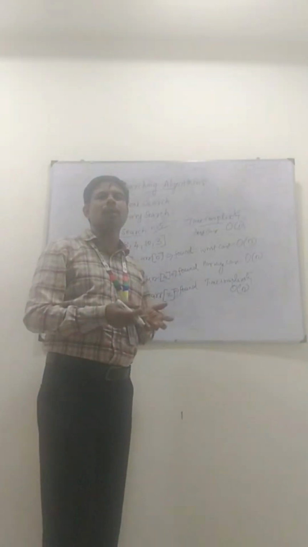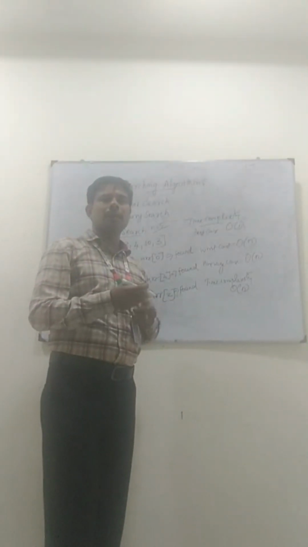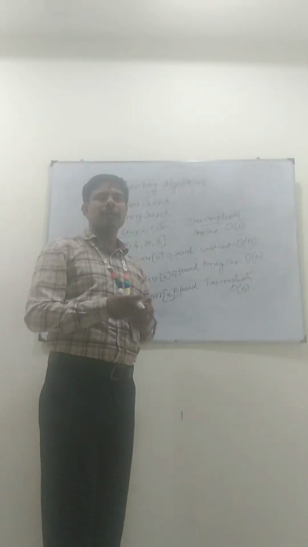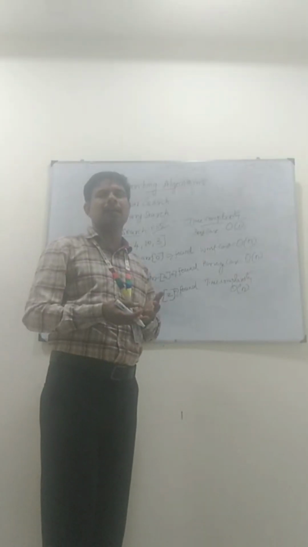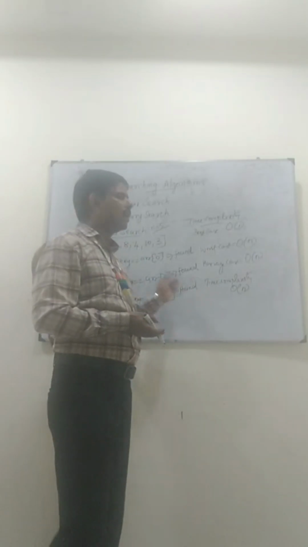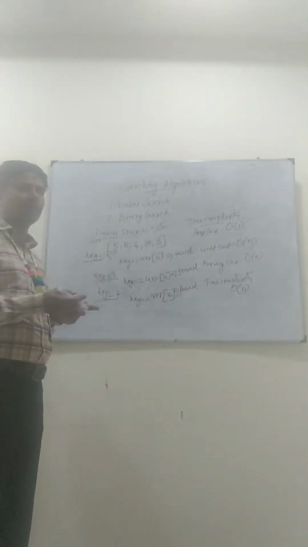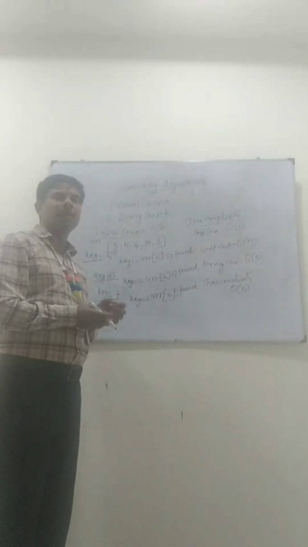Therefore, it takes more time compared to the next algorithm, binary search. The binary search algorithm is faster than the linear search algorithm. Linear search compares with each and every element of the collection.